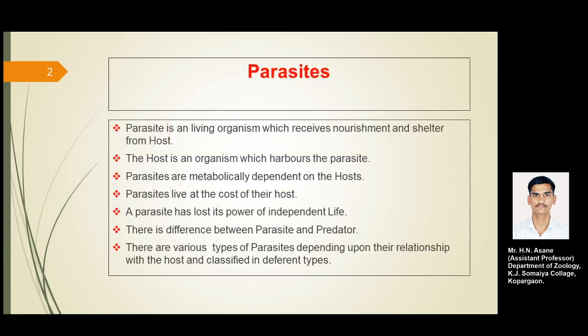The parasite does not kill the host, but the predator feeds on the flesh of its host or that particular animal. The predator has to kill that animal to feed on its flesh. The parasite does not feed on the flesh.